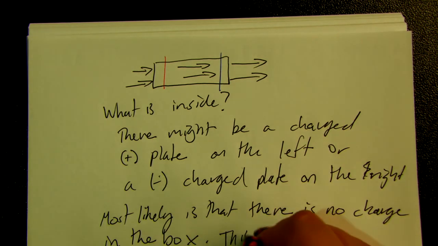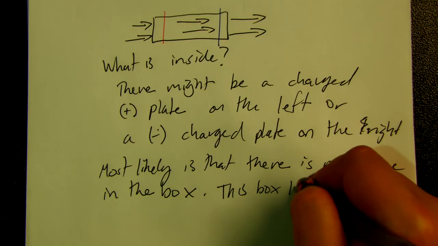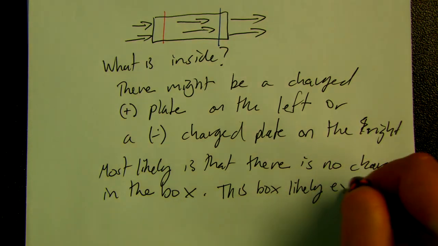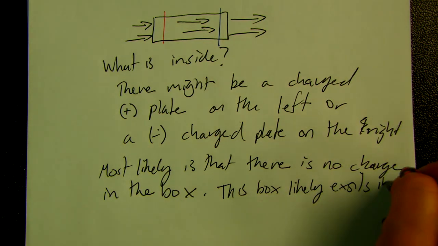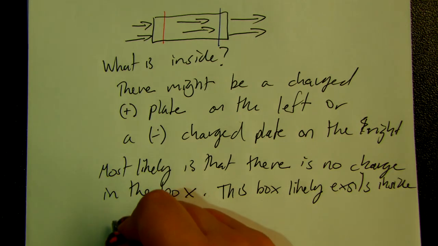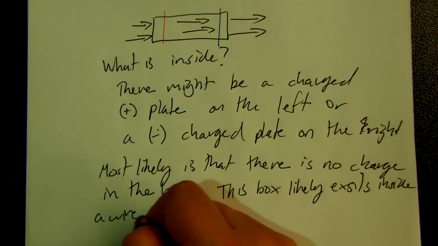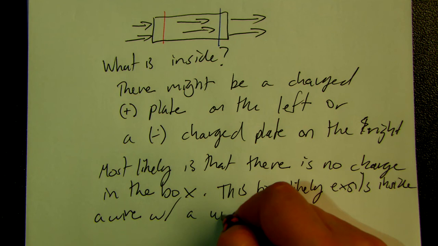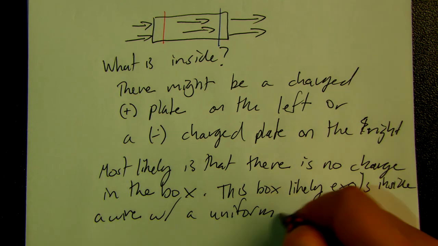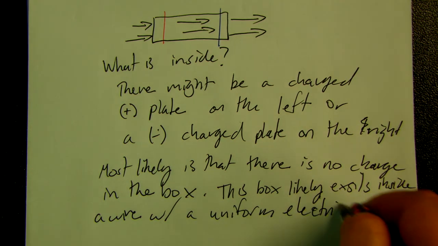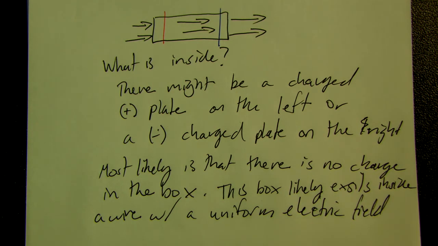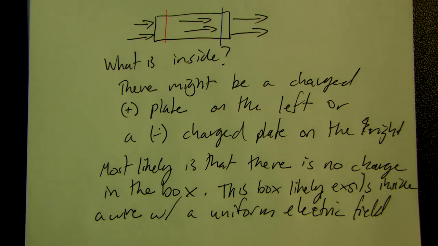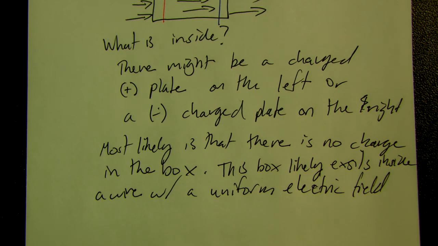So this box likely exists inside a wire with a uniform electric field. So what we can see here is that sometimes there's more than one explanation. So you have to think about which one makes the most sense. And we'll be building towards how to do this through some calculations as well.